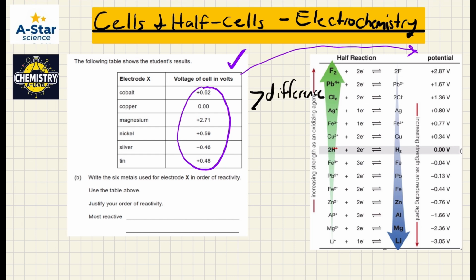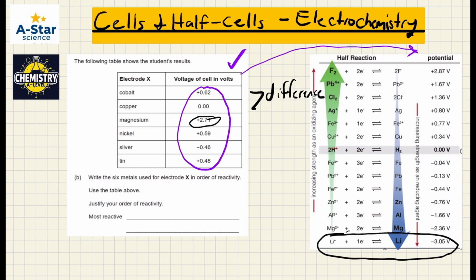And we know that the cells that have the most reactive, for example, on this chart, is lithium, has a minus 3.05 voltage, standard electrode potential. And on this chart, it's magnesium. It has a plus 2.71 electrode potential.